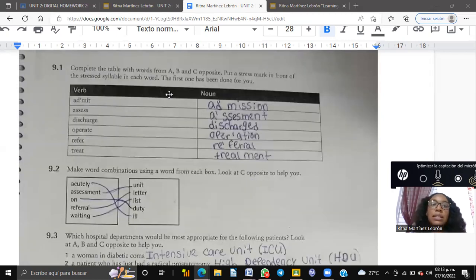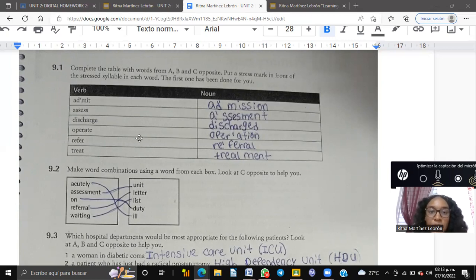Exercise. Complete the table with words from A, B, and C opposite. Put a stress mark in front of the stressed syllable in each word. The first one has been done for you. Verb, noun. Admit, admission. Assess, assessment. Discharge, discharge.